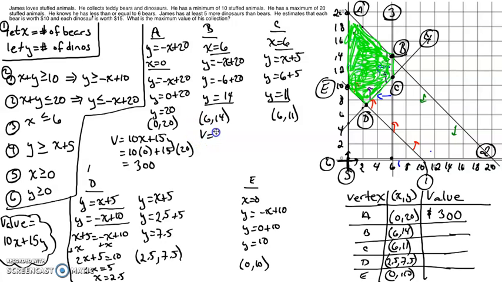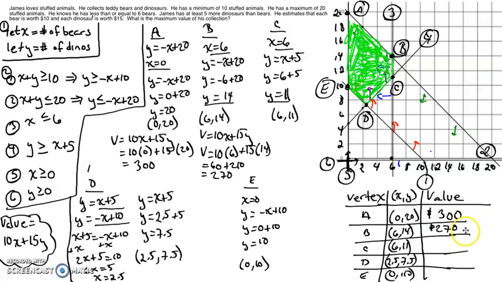Let's look at the value for all of our other points as well. So value equals 10x plus 15y. In this case, x is 6, y is 14. So the value equals 10 times 6 plus 15 times 14. 10 times 6 is 60, and 15 times 14 is 210, and so we get 270.